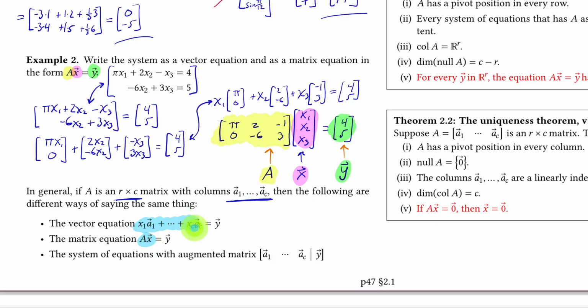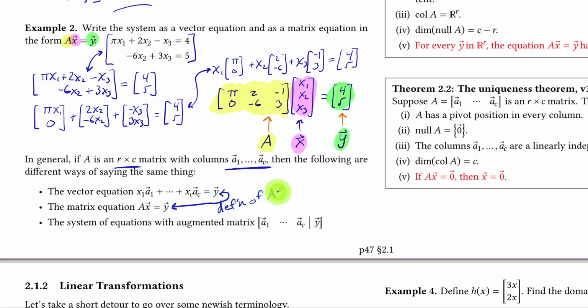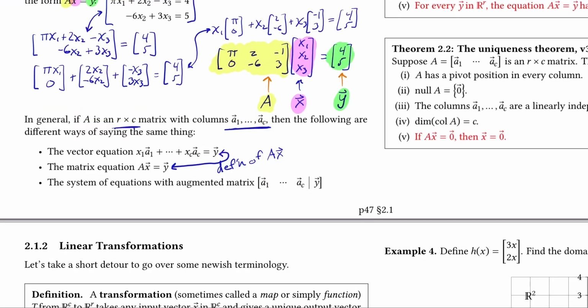So those are definitely the same thing. And the system of equations with this augmented matrix, we saw why that system of equations is like this vector equation. Now, I really want to emphasize that this is the thing we've been studying from the beginning.